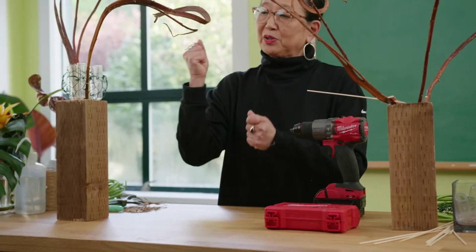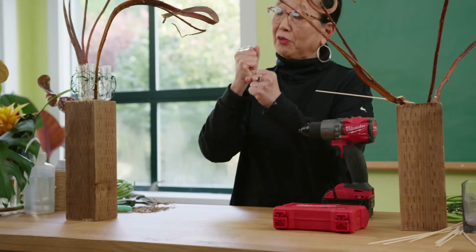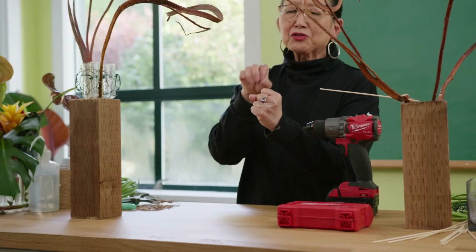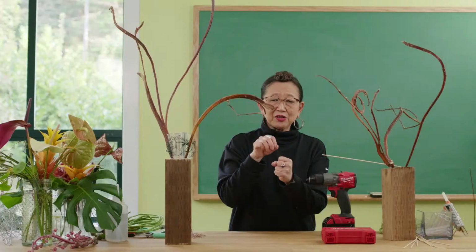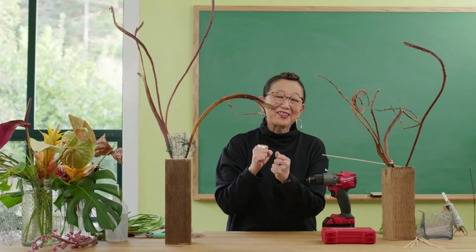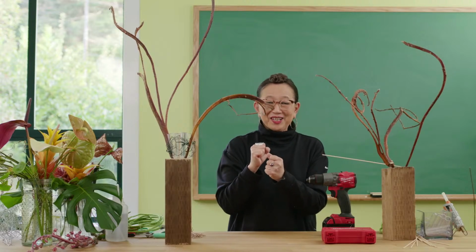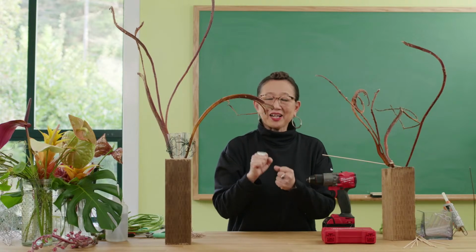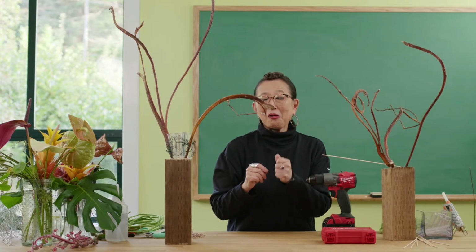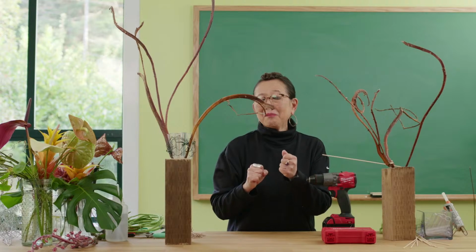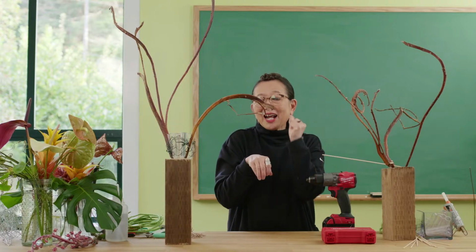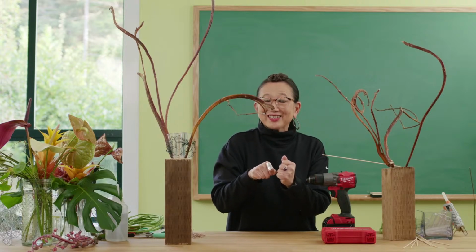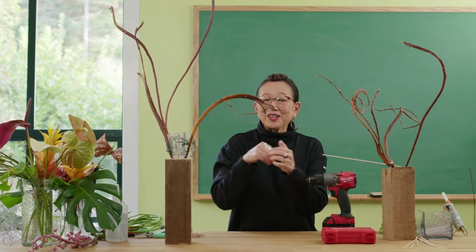You have to position where those branches go and drill a hole, angle it, drill a hole a little bit bigger than you would normally for a tight fit, unless you're really a perfect craftsman, then you can do this so well. But I'm not quite that. You know, I'm kind of a DIY craftsman. So I'm going to drill a hole that's a little bit bigger, but yet somewhat snug, so that I can then slip it in with the hot glue gun, melting in the glue to fill in that little extra space.